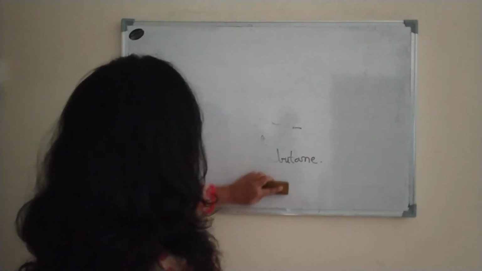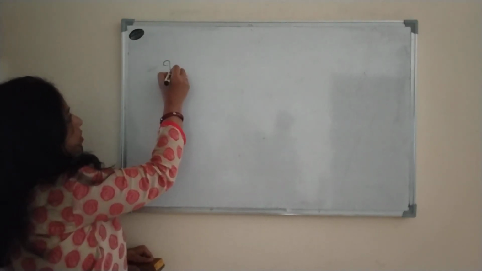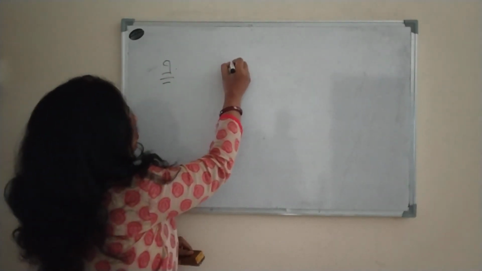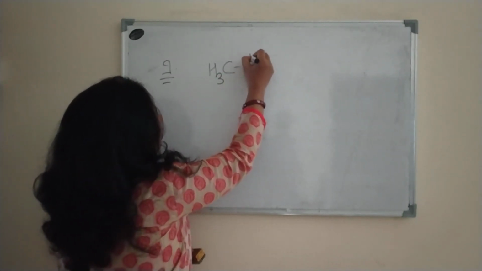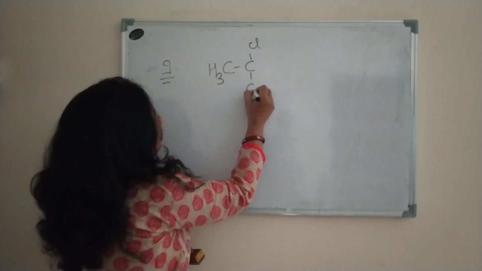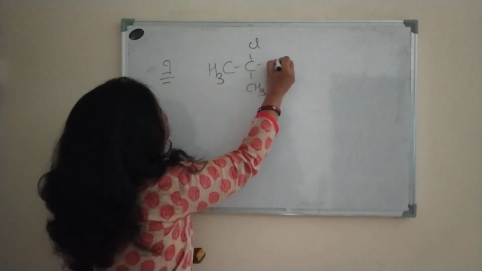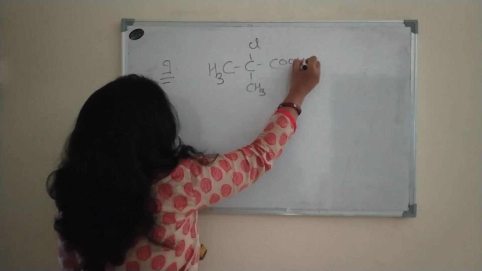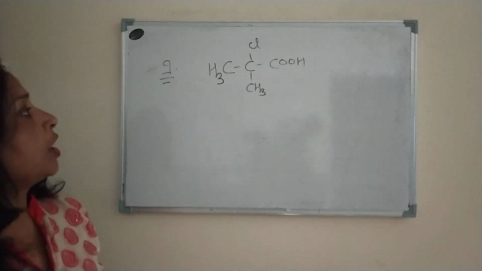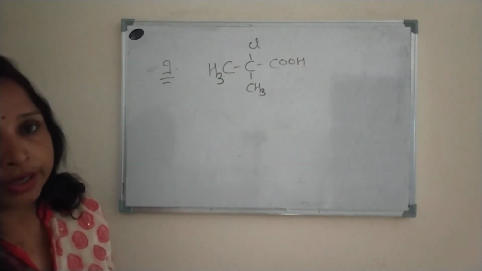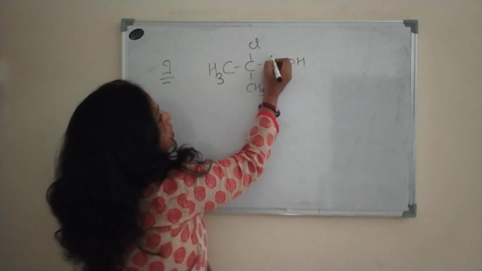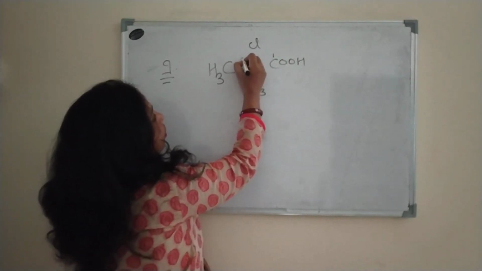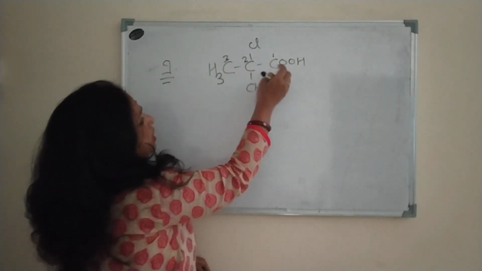Suppose we have to write the name of this organic compound. We start numbering from this end, and the longest continuous carbon chain is 1, 2, 3.